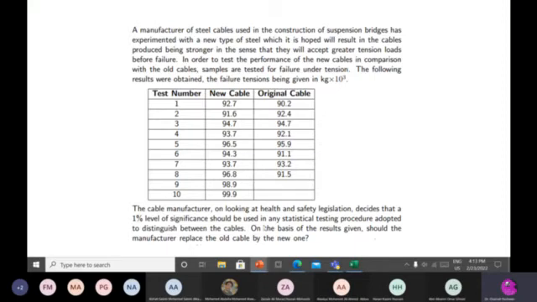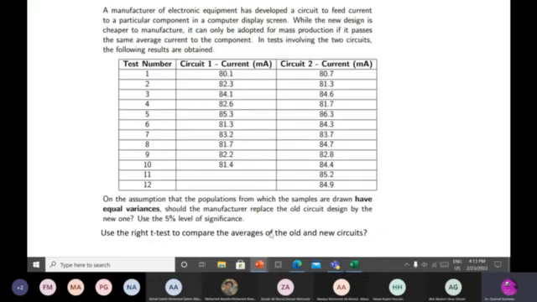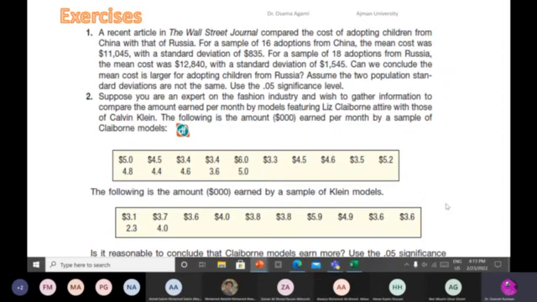Do I know the information like in the previous example? As he said there, the population standard deviations are not the same, so I know I'll go for the t-test to compare the two population means for unequal variance.